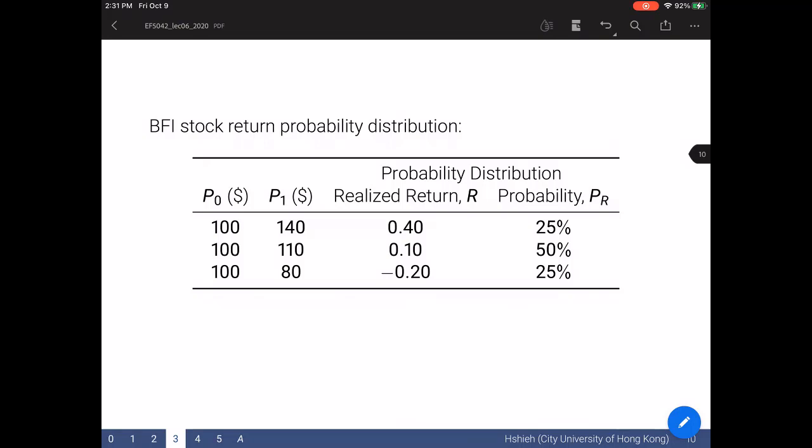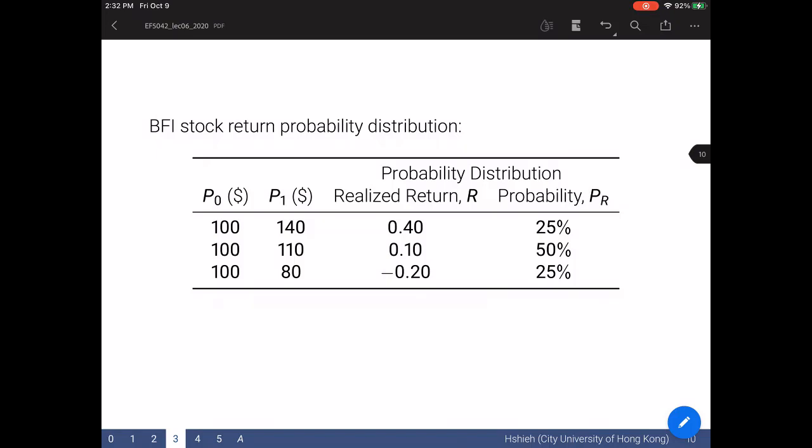Okay? And we can calculate these returns outright simply by taking 140 minus 100 divided by 100, 110 minus 100 divided by 100, or 80 minus 100 divided by 100. And that's what the third column is telling us. There is a realized return depending on which state this stock will realize.